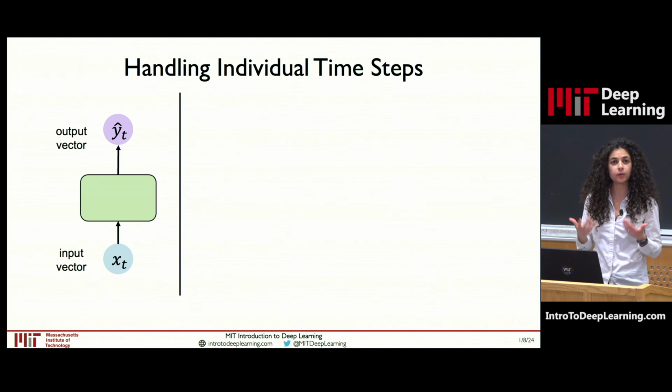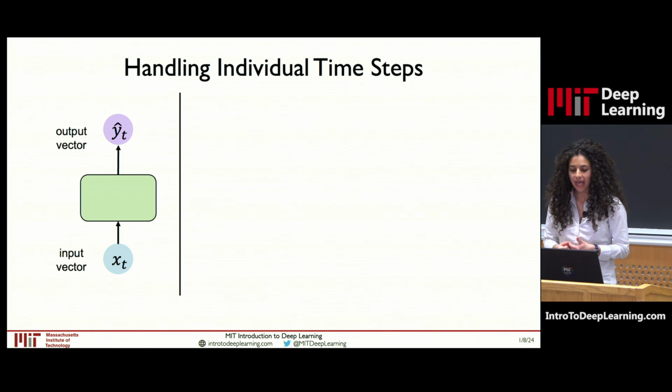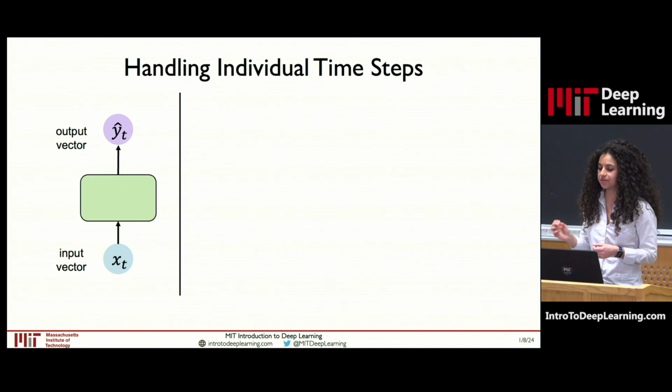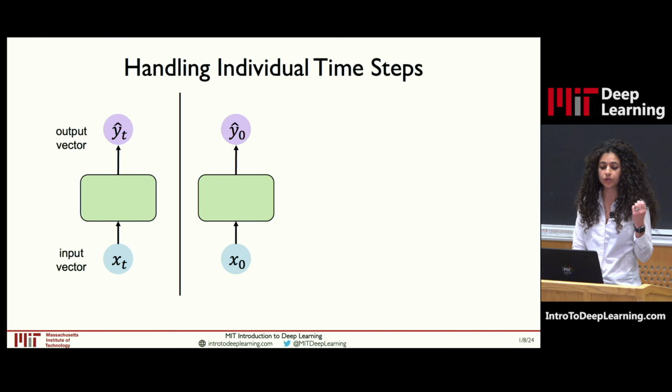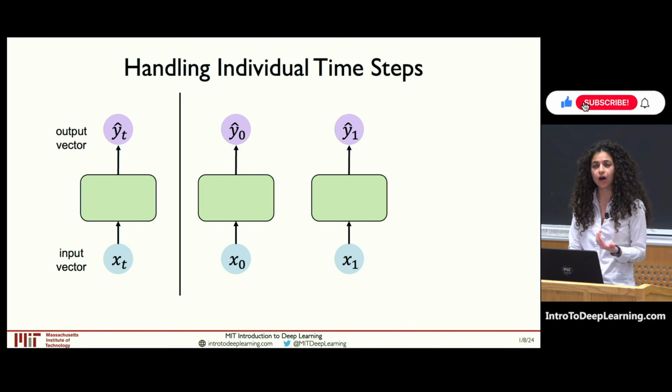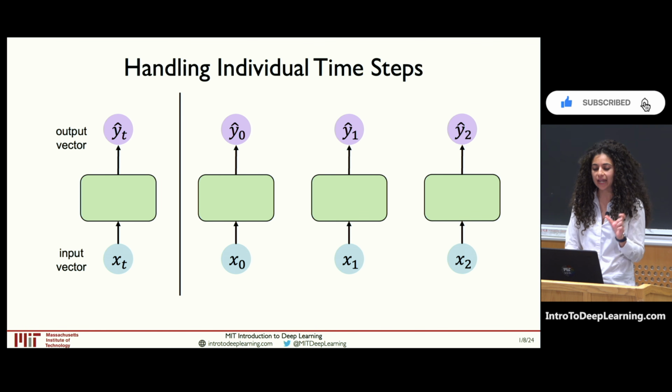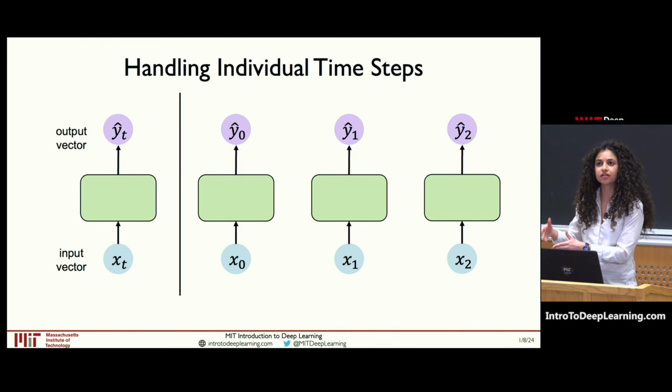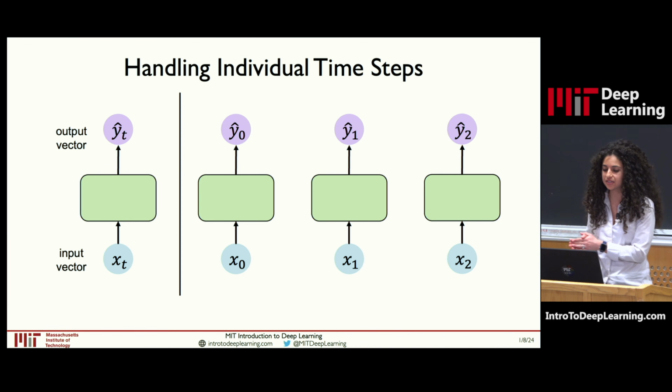Let's say we have some sequential data, and we don't just have a single time step anymore. We have multiple individual time steps. We start from x0, our first time step in our sequence, and what we could do is we could now take that same model and apply it stepwise, step by step, to the other slices, the other time steps in the sequence.